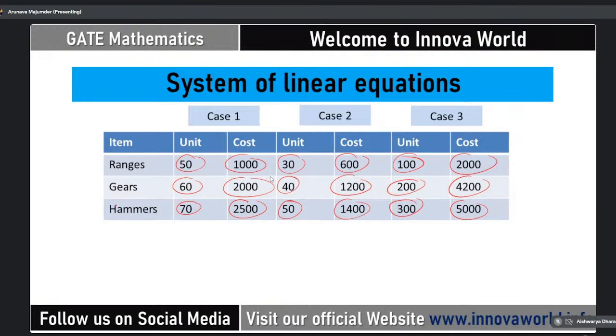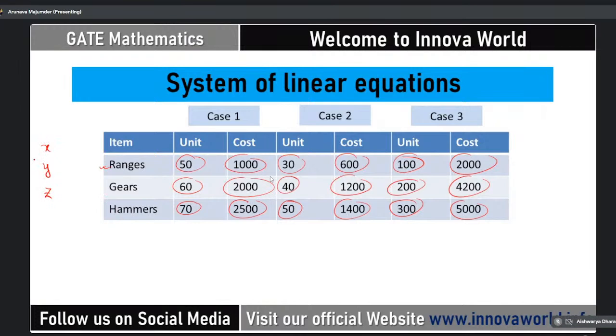Okay, so let me explain first. We are talking about the ranges. Let us suppose first we introduce three variables x, y and z.